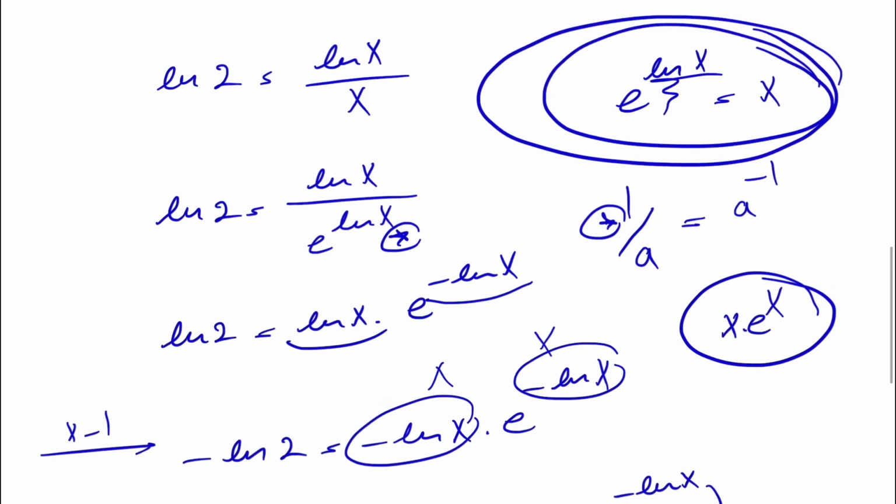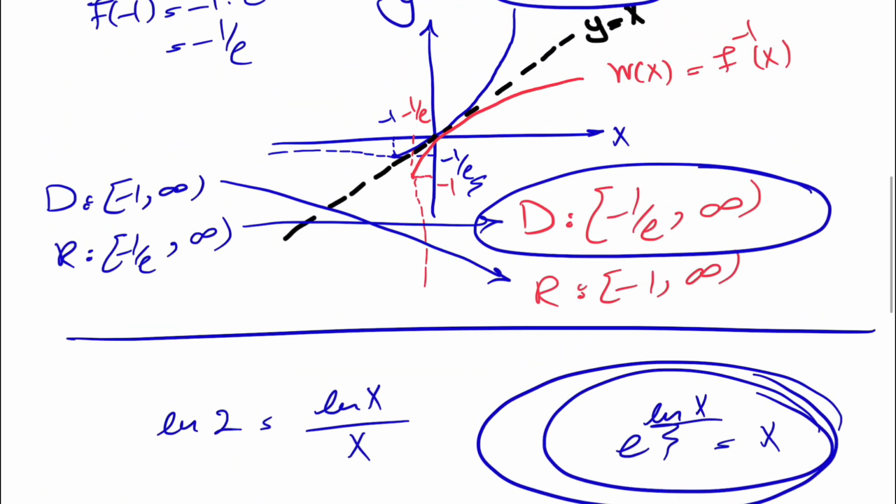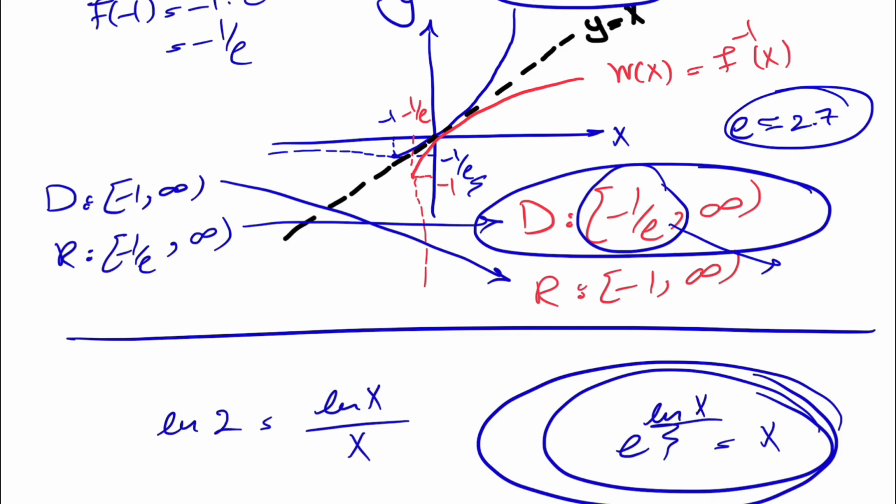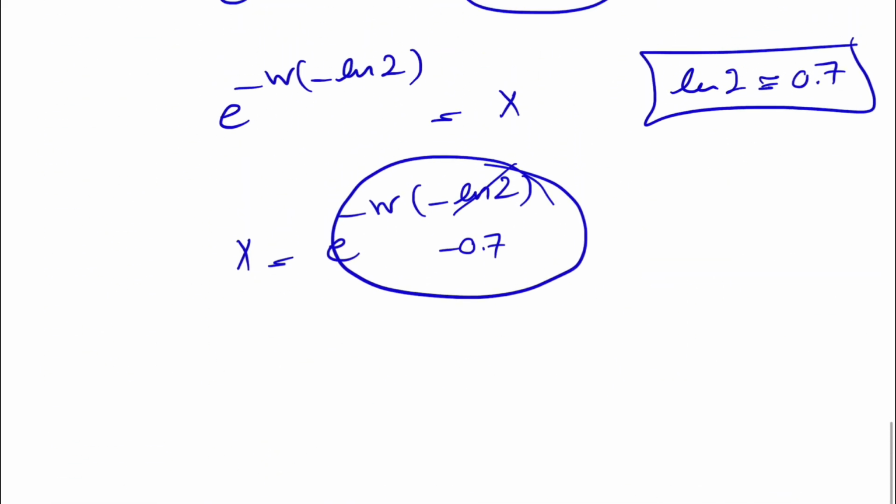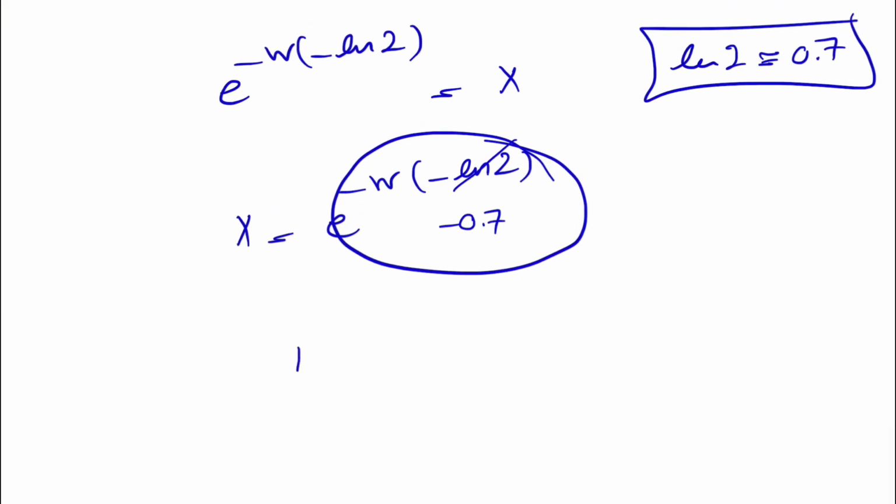The domain goes from minus 1 over e to infinity, and since e is around 2.7, minus 1 over e is something around minus 0.37.